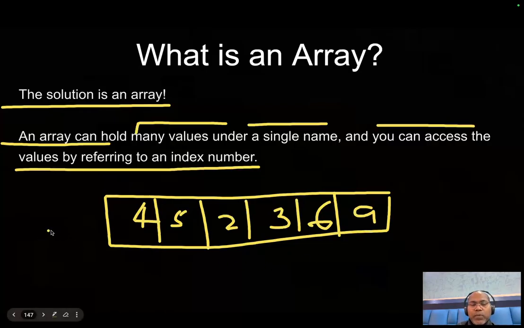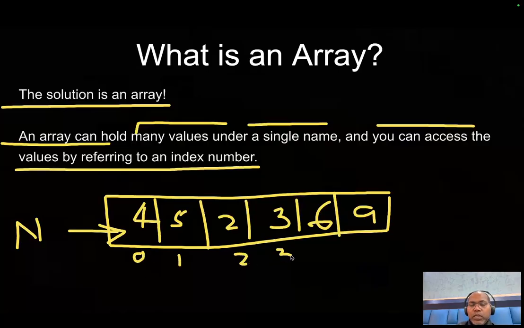These are multiple values you can store under a single variable name. And each value is indexed. That means this is position 0, position 1, 2, 3, 4, 5. So the array's first element starts at index 0 and the last element is at length minus 1.